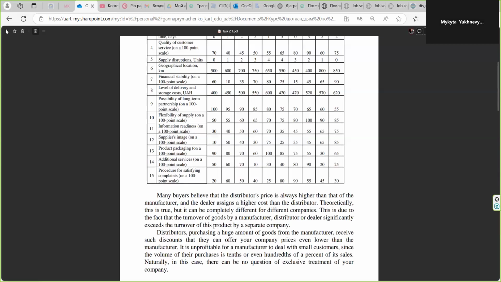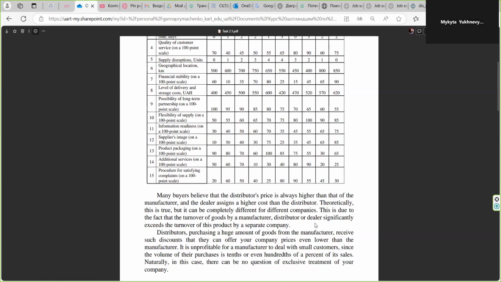Theoretically this is true, but it can be completely different for different companies, because the turnover of goods by a manufacturer, distributor, or dealer significantly exceeds the turnover of this product by a separate company. Distributors purchasing larger amounts from the manufacturer receive such discounts that they can offer your company prices even lower than the manufacturer.